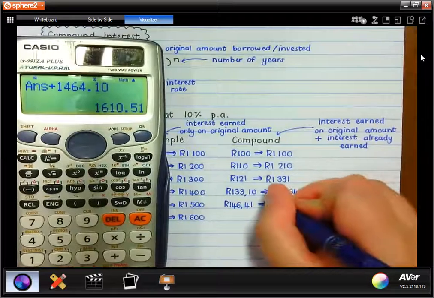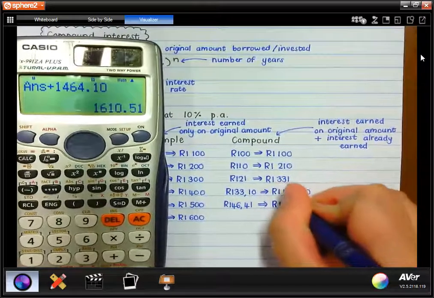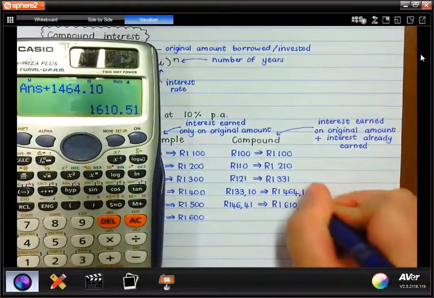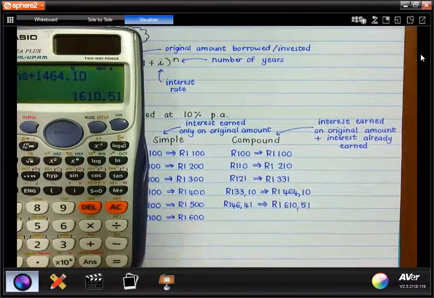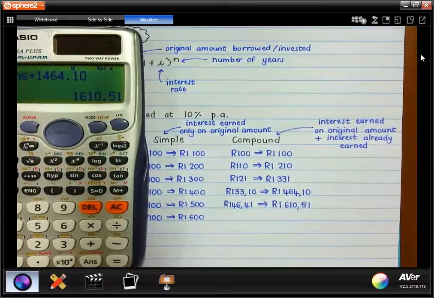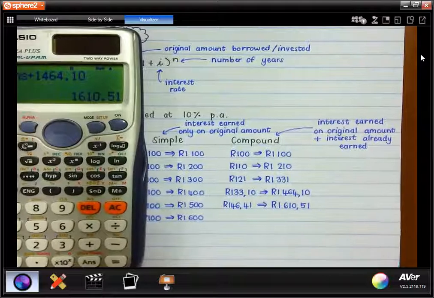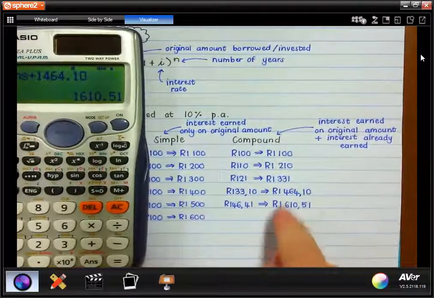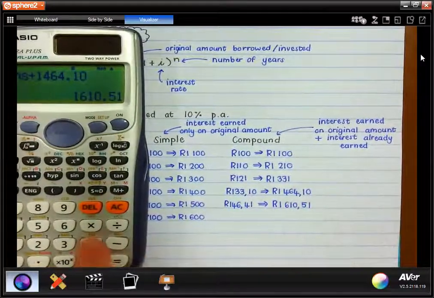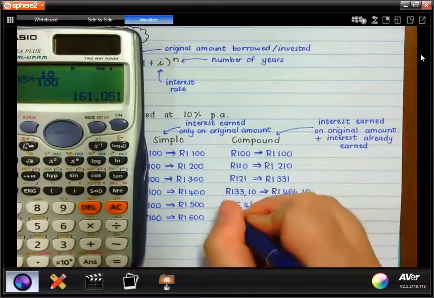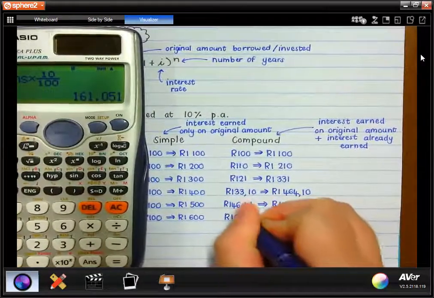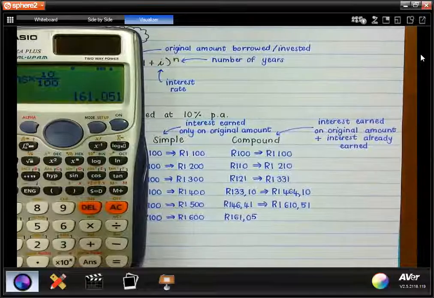So now we actually have 1,610 rand and 51 cents. Do we see how much bigger or how much more that is than with simple interest? The last calculation. Now we're going to earn 10% of this amount. So I'm timesing that by 10 over 100. We are now going to get 161 Rand and 5 cents.